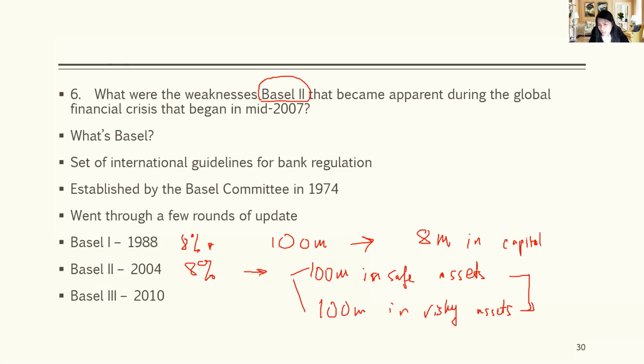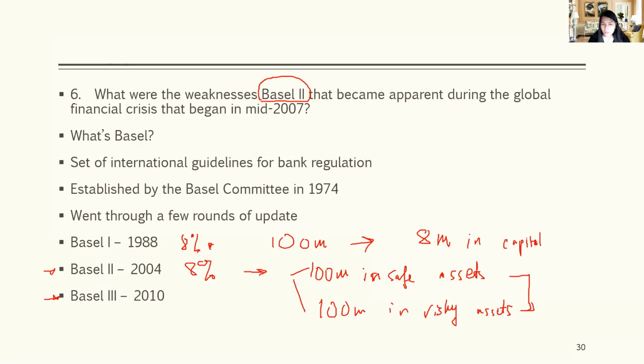So as your asset becomes safer, you're required to hold less capital. So the change in Basel II was to recognize that if you take too much risk, then you're penalized more by the capital requirement, okay?